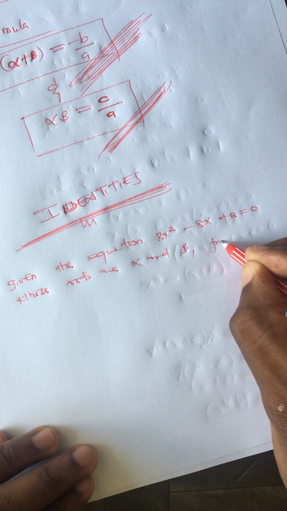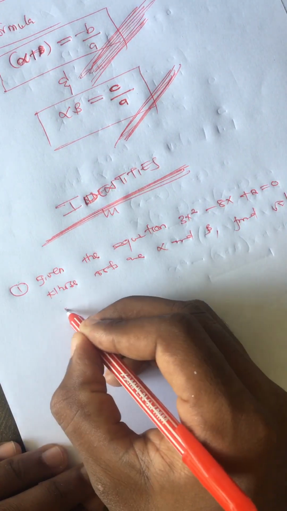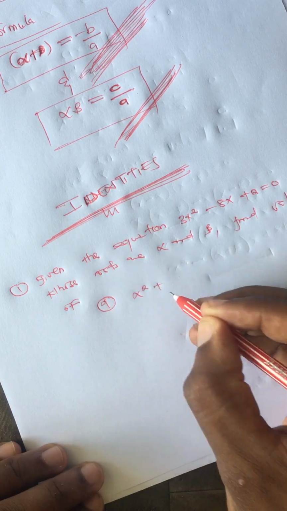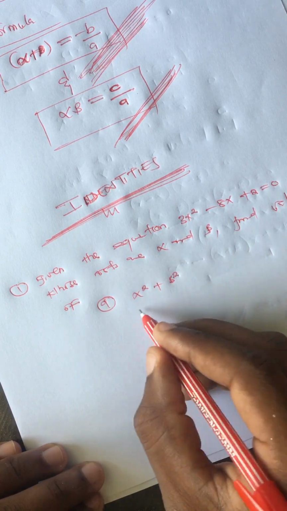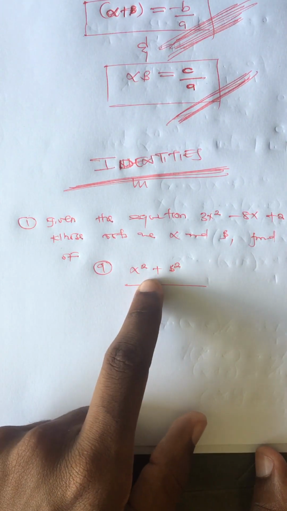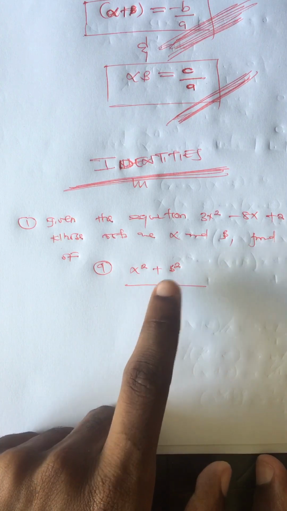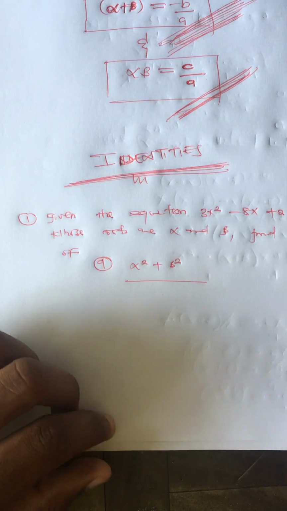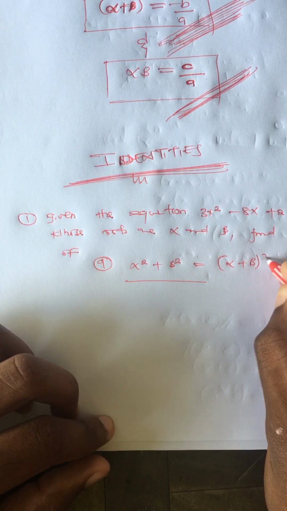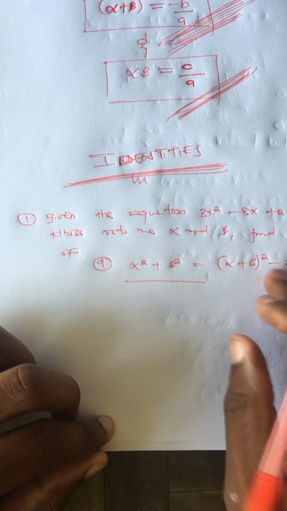Then they say find the value of alpha squared plus beta squared. So we have to know the identity of alpha squared plus beta squared. Its identity is alpha plus beta squared minus 2 alpha beta, right? You have to know this.